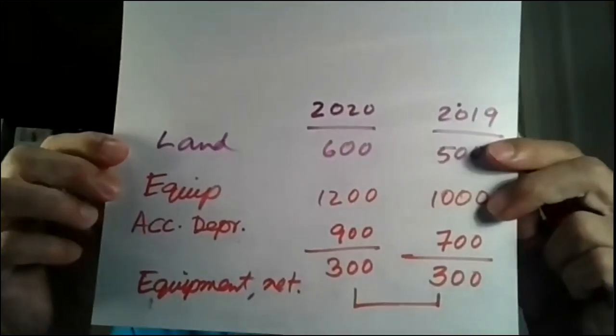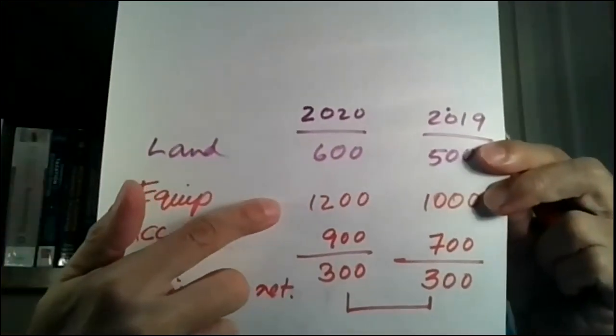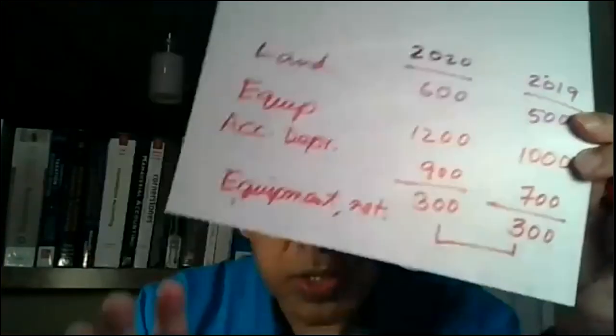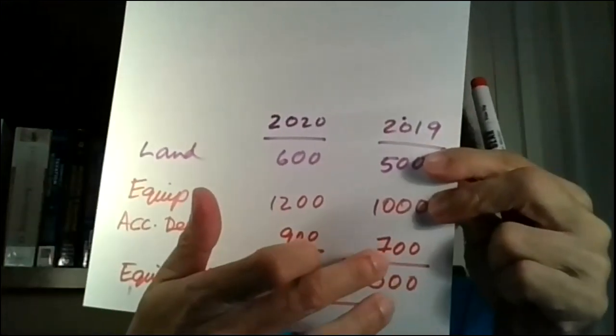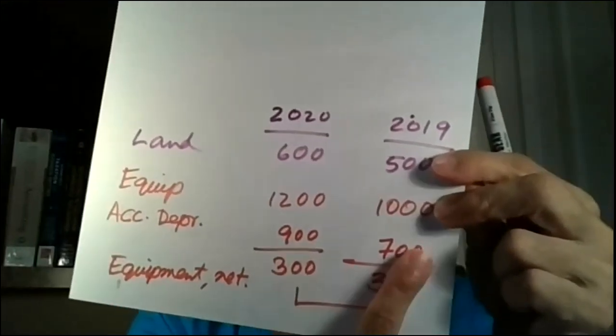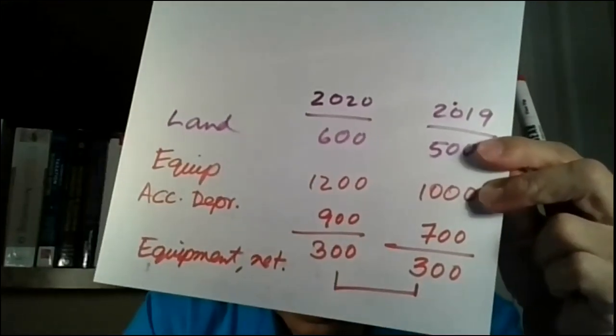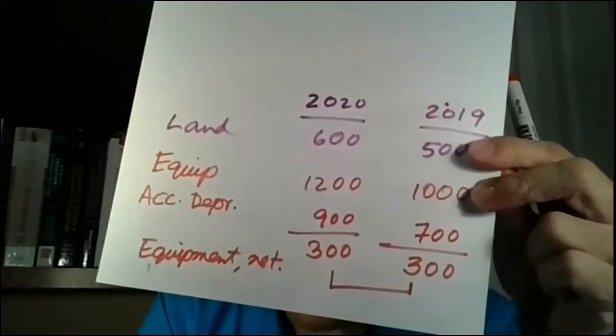Equipment last year was $1,000. This year it is $1,200. So it is true that $200 worth of equipment has actually been purchased, but the depreciation has eaten that $200. Accumulated depreciation was $700 until last year, and it is now $900. So the net equipment is still $300.